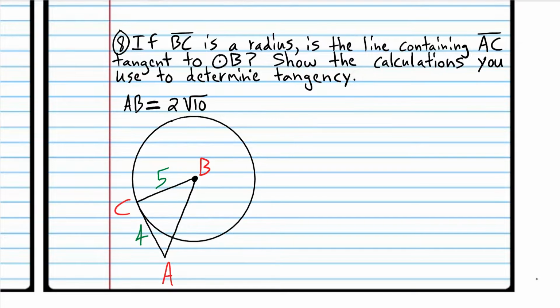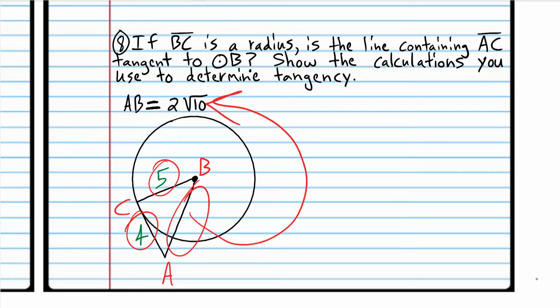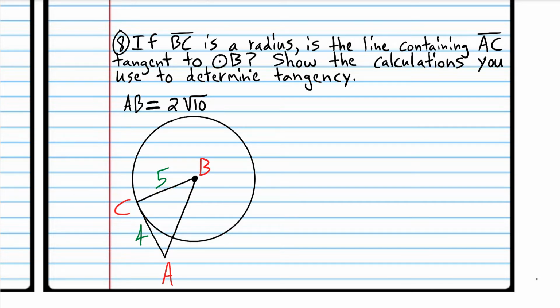So we need to figure out if this radius really is perpendicular to the line containing AC. And in order to do that, we're going to use this length, and this length, which is given up here. And we're going to figure out if it satisfies the Pythagorean equation.